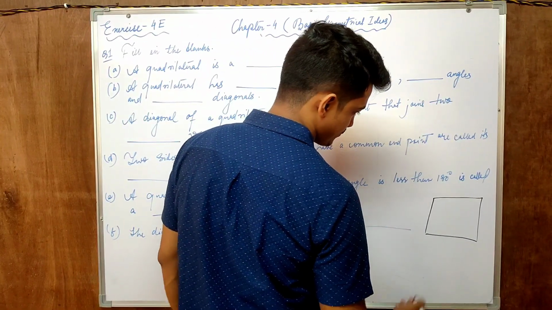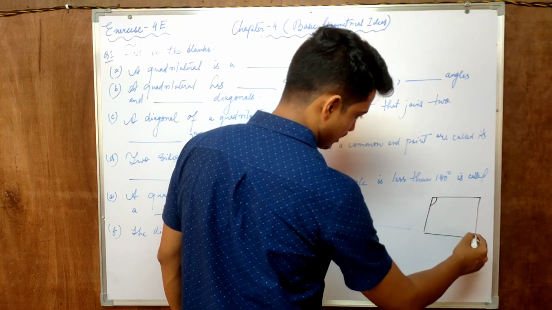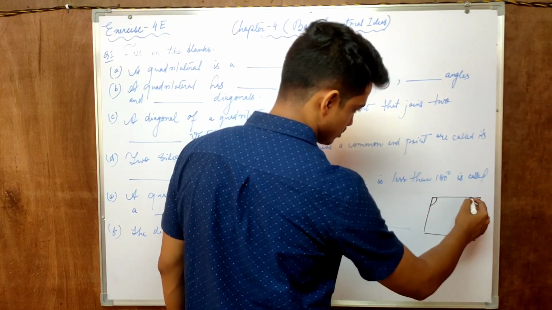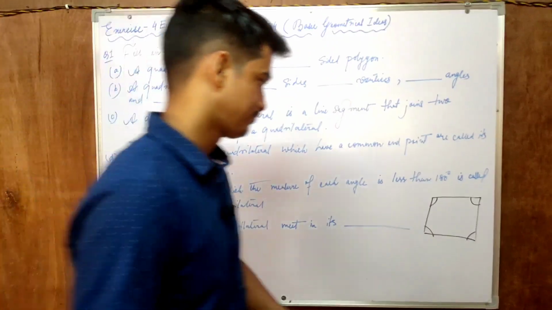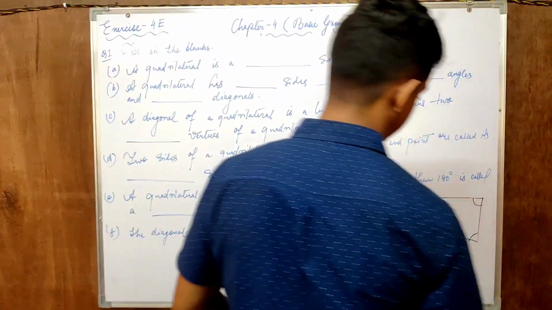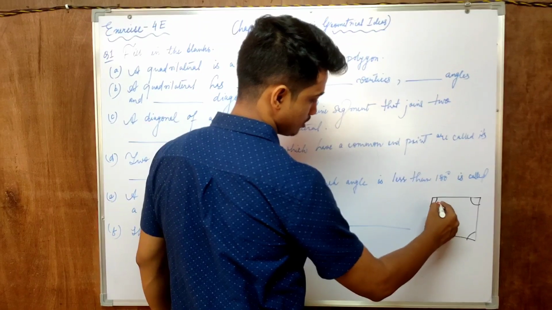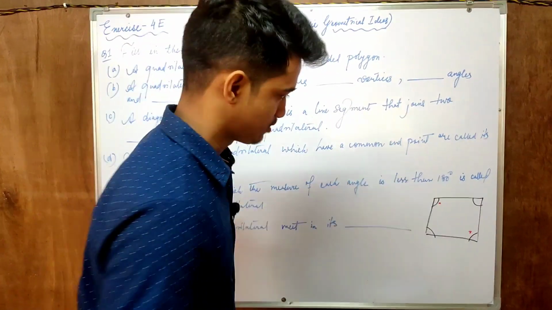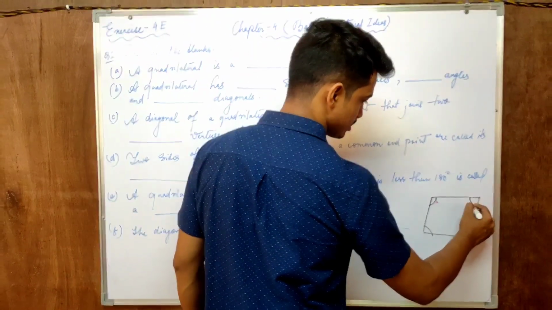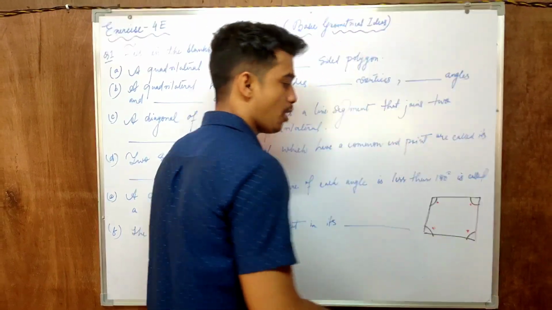Now if you observe carefully, these 2 angles, this one and this one, are opposite angles. For example, also this one and this one are opposite angles.